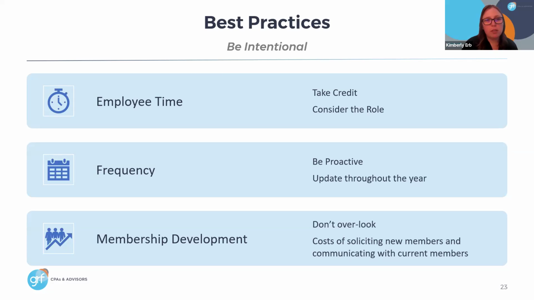If timesheets are not used, it's really important to hold frequent discussions and time studies with your staff to make sure you're aware of what kind of projects they're working on and how they're benefiting the organization. A reason this can be important is that there are certain roles that are generally administrative in nature, such as an HR manager or a CEO, where most of their time is probably going to go to management and general costs.